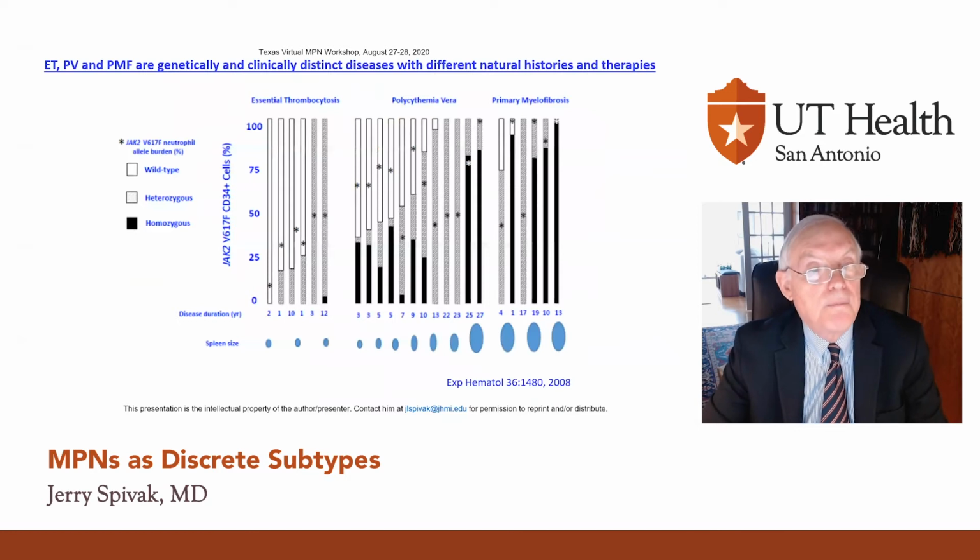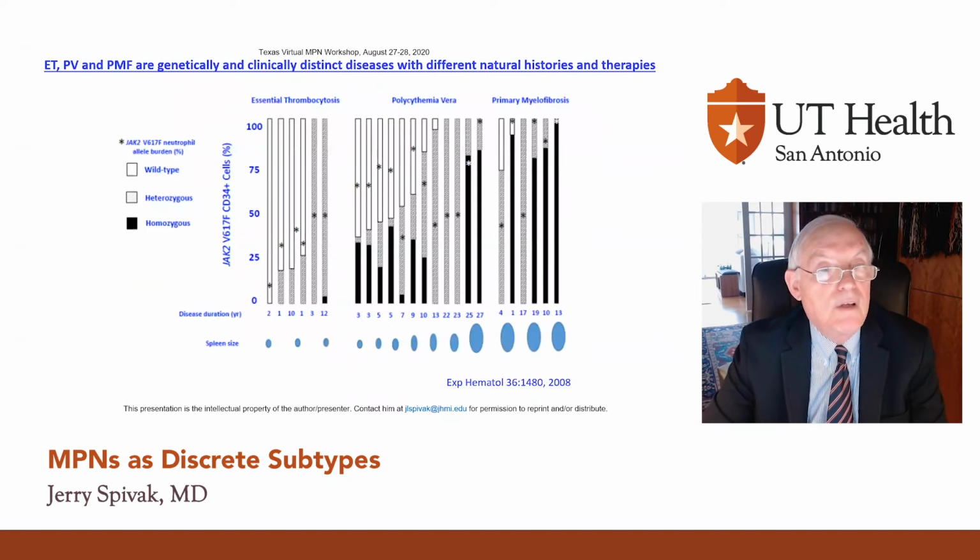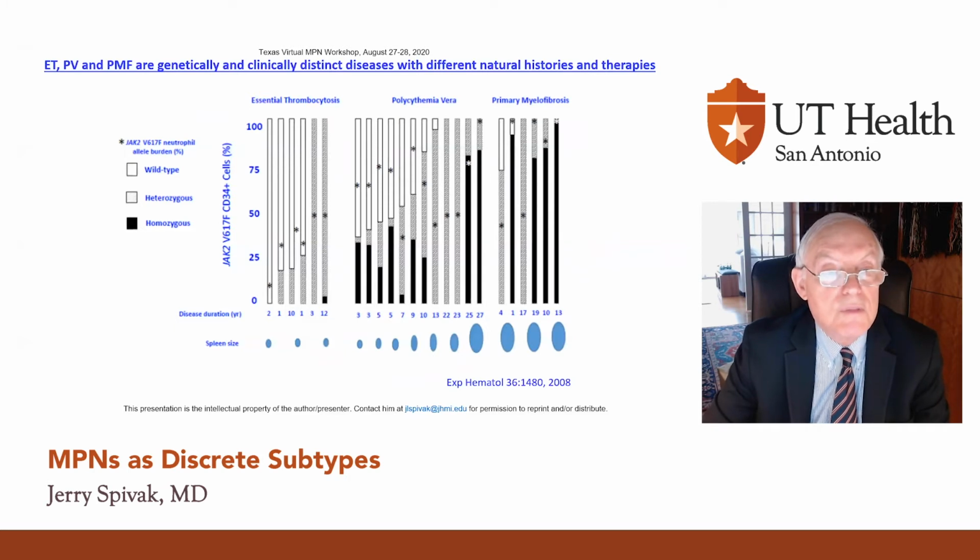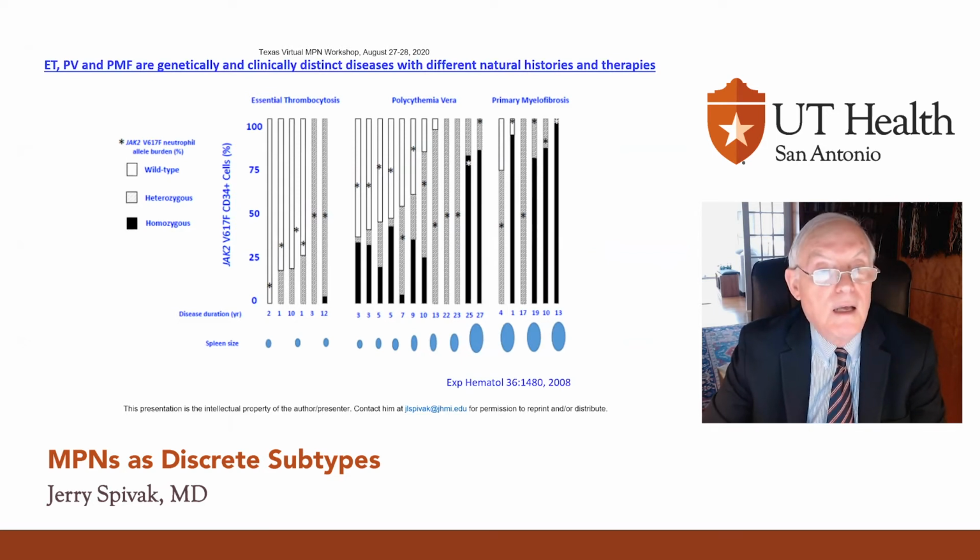So let me end up by saying that ET, PV, and PMF are genetically and clinically distinct disorders with different natural histories and therapies. Here is a study of stem cells in ET, PV, and primary myelofibrosis according to time and splenomegaly.